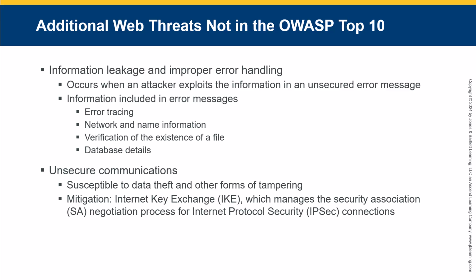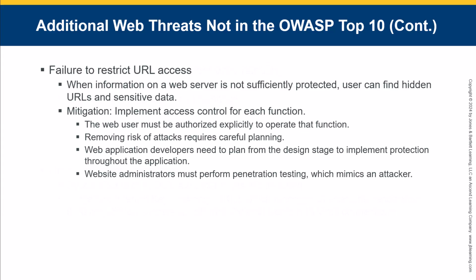Unsecure communication, basically key exchange for VPNs or SSLs needs to be kept in check so that things can be secured using appropriate secure communication channels like key exchanges and appropriate SSLs. Failure to restrict URL access, that's a big one.